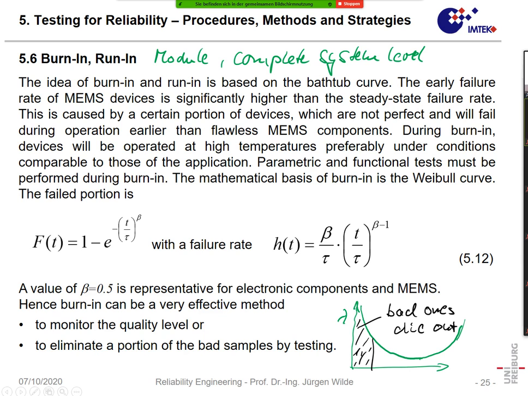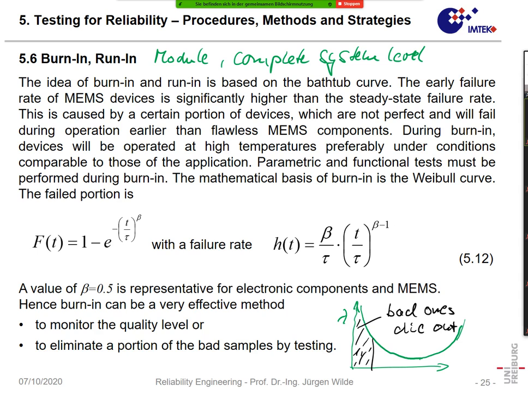So if we do an initial test in the factory, these initial bad specimens will fail, and they will not fail at the customer's side. So one rule of thumb is that for each step from production to the customer, the costs of a failure increase by a factor of 10.